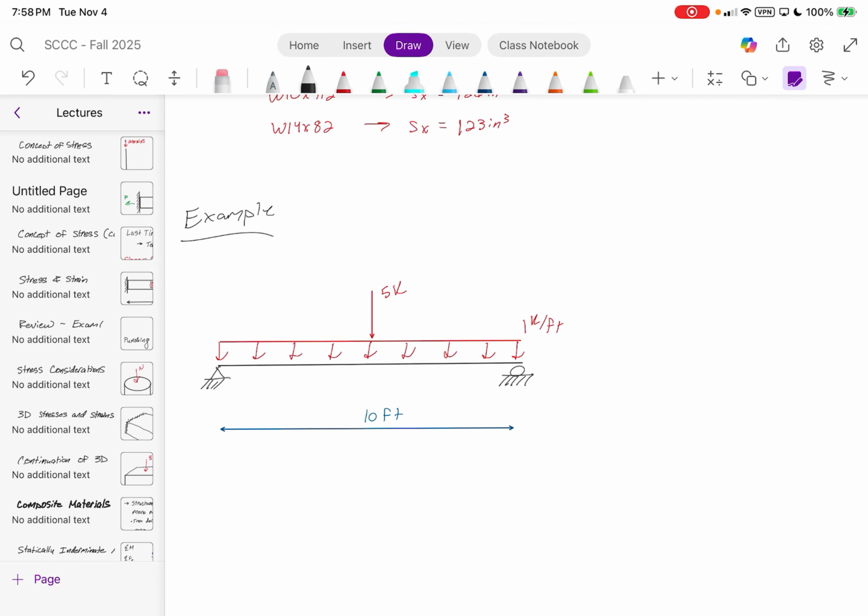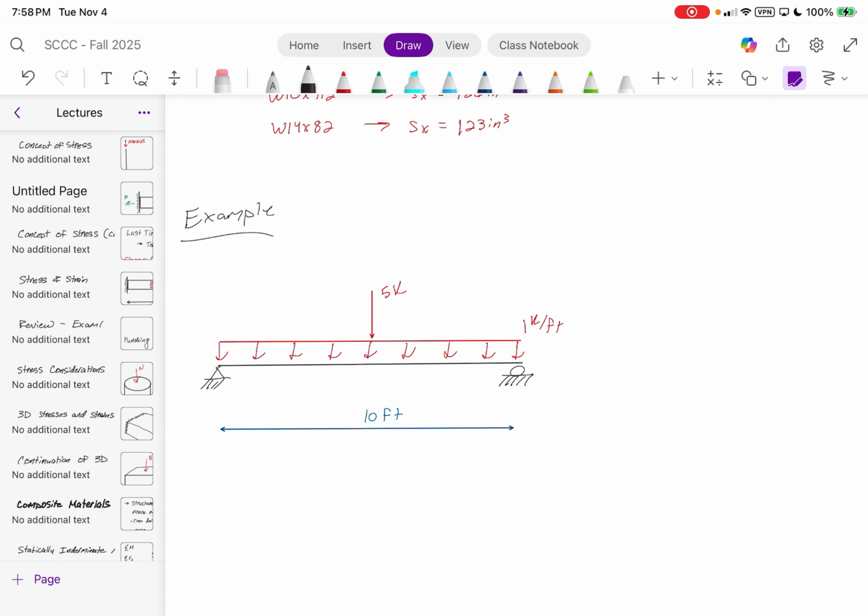Now, you guys learned how to draw the shear and bending moment diagrams. You will need to do that for relatively complicated loadings that are not provided in these tables. But this loading here, I think is simple enough just to be able to use these tables.